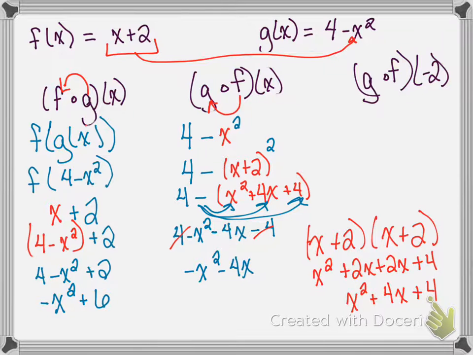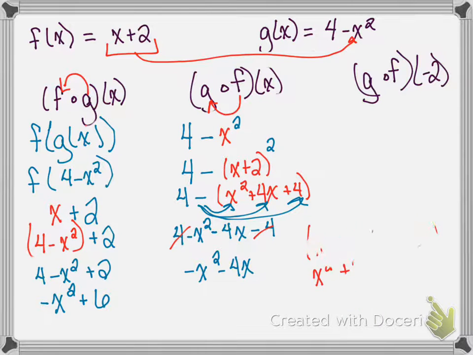Okay, now I want you to look over here to what I've got for my last one. I've got g composed of f of negative 2. This is a two-step process. The first thing that you are going to do is find f of negative 2.